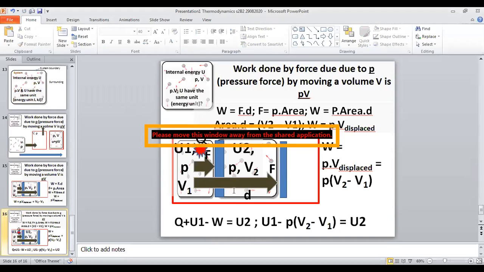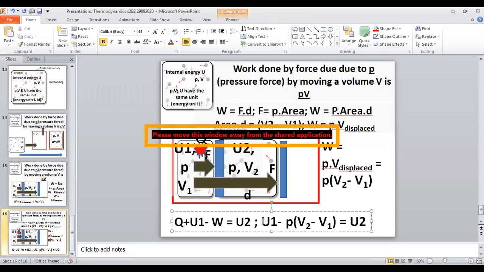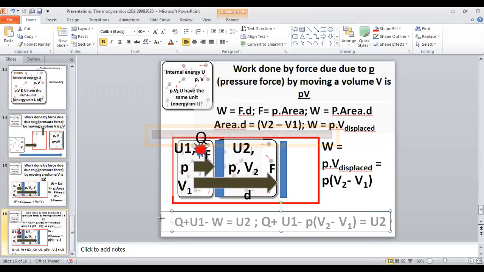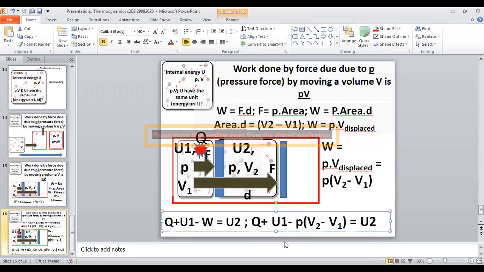Expansion means a work is done, minus W, and that is U2. So Q plus U1 minus P(V2 minus V1) is U2.